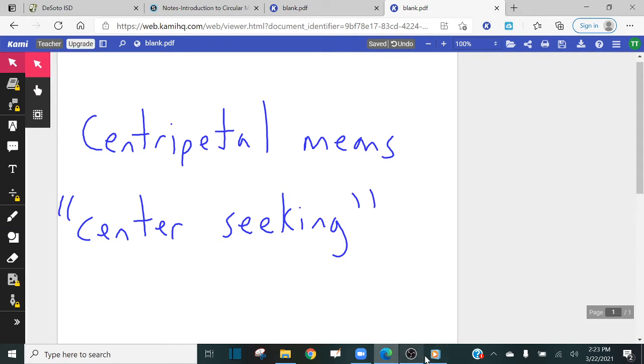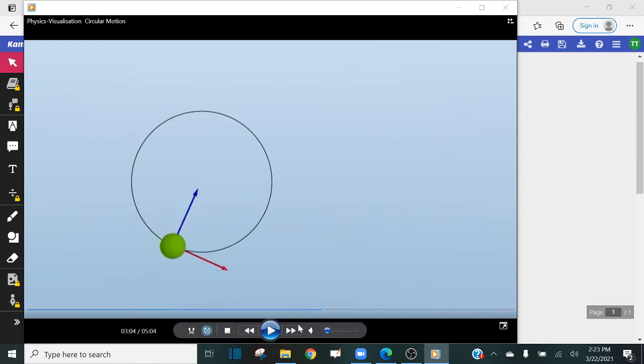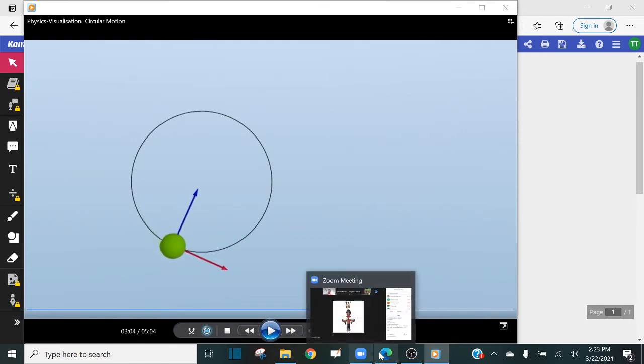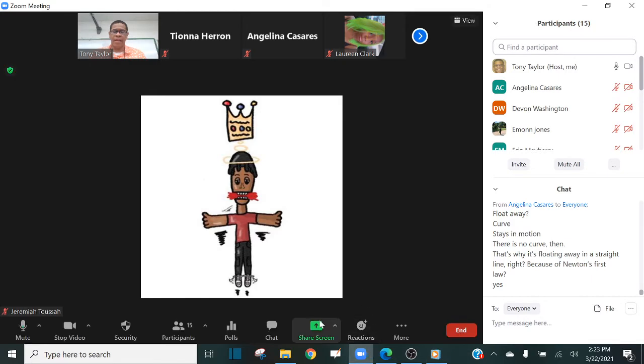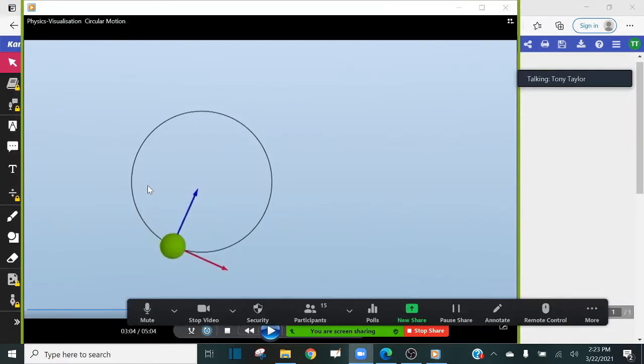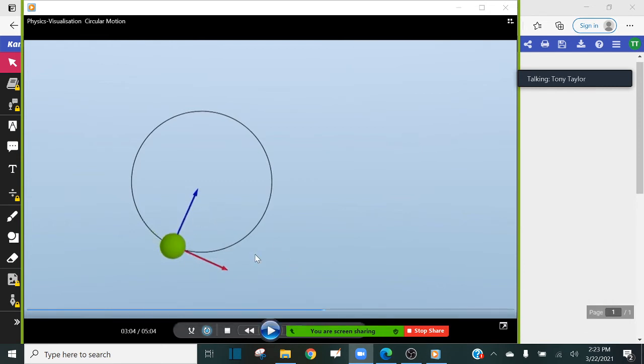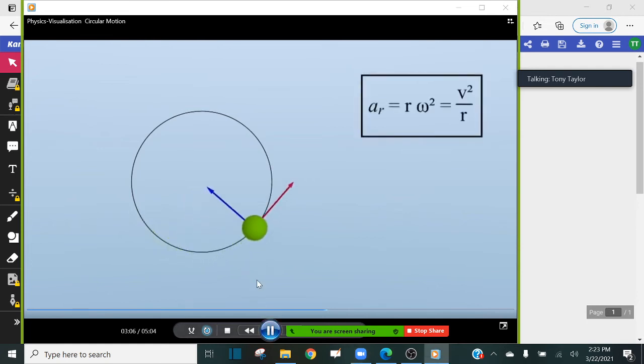So, going back to our video, here's a basic fact that I need you guys to know: anytime you have an object moving in a circle, that object has an acceleration that is always pointed inward. It's always pointed toward the center. That is always true.